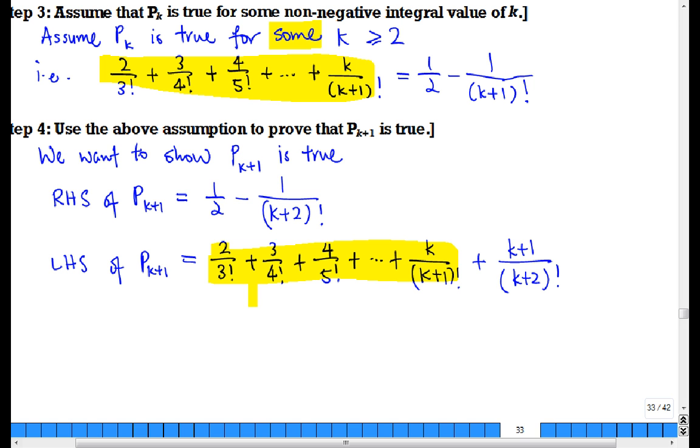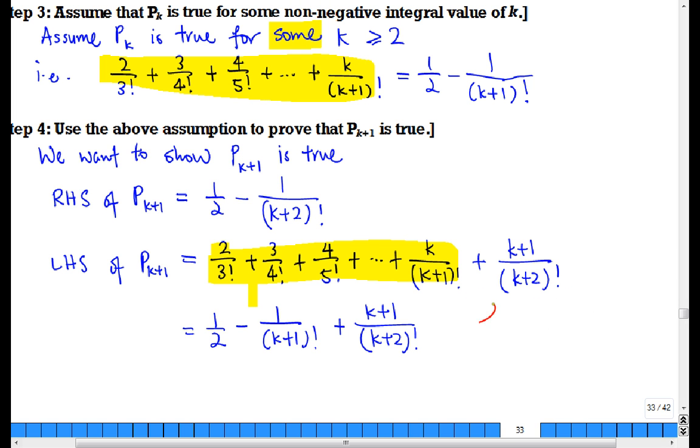Okay? So using the assumption, we will say this is equal to half minus 1 over k plus 1 factorial plus k plus 1 over k plus 2. This step is very important. We must make use of the assumption. May I write down?